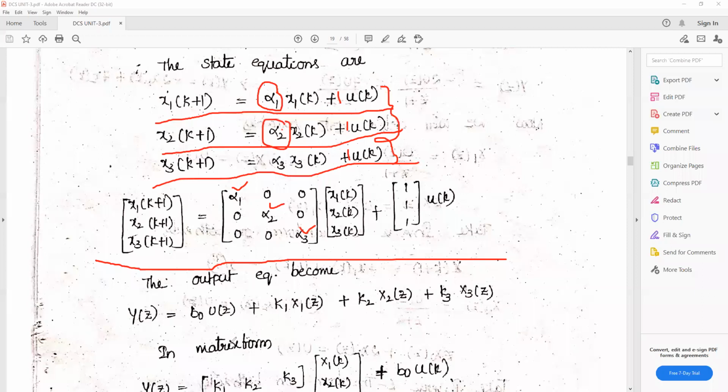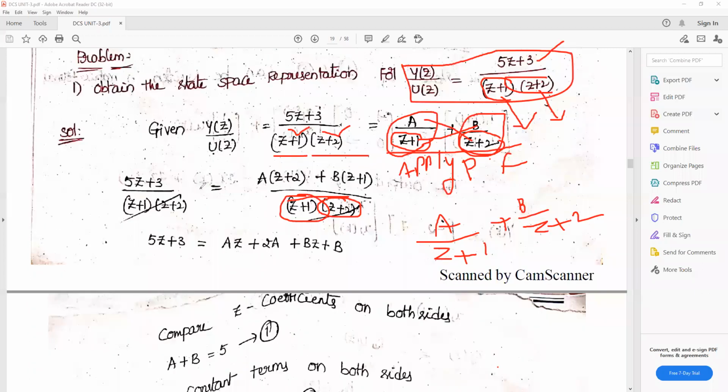So a into z plus 2, b into z plus 1. In the denominator, z plus 1 and z plus 2 are cancelled. 5z plus 3 on the left side, and the right side will be a into z plus 2 plus b into z plus 1.